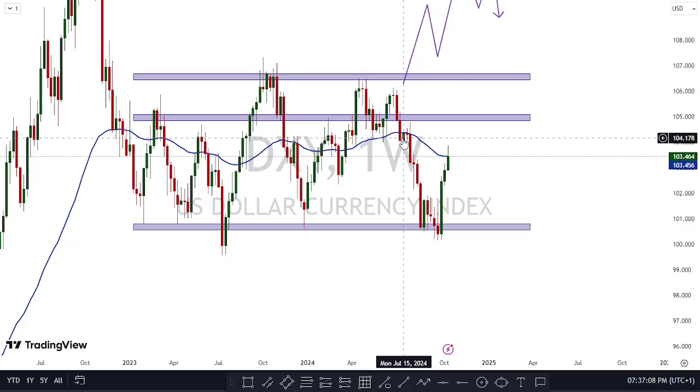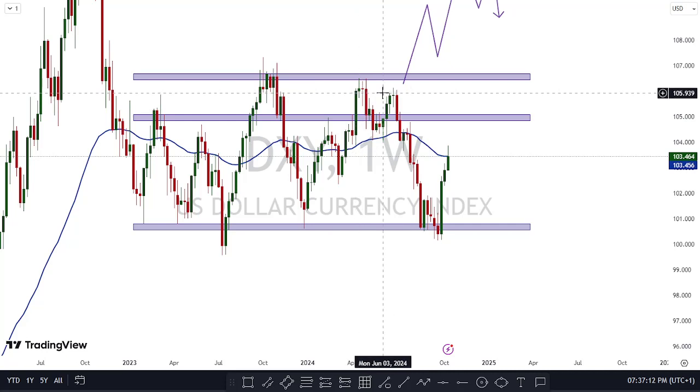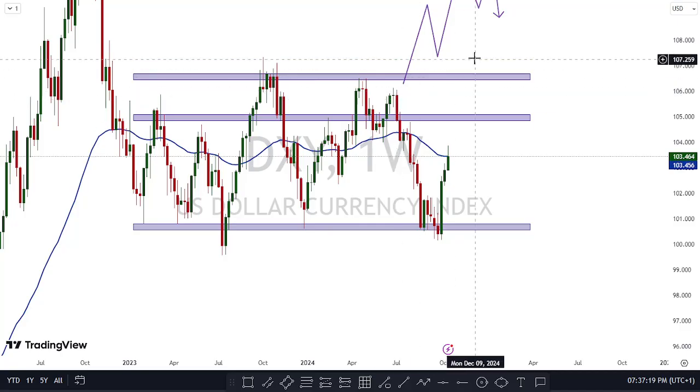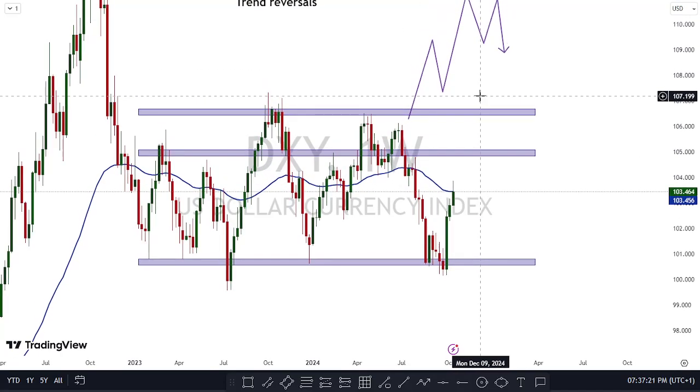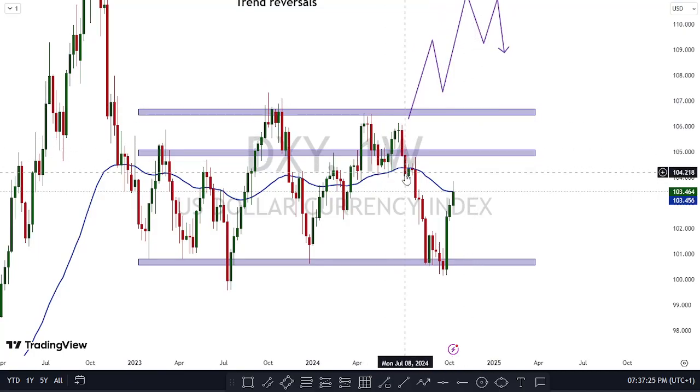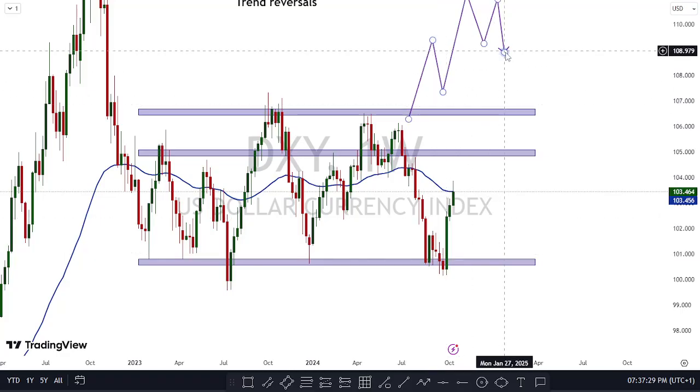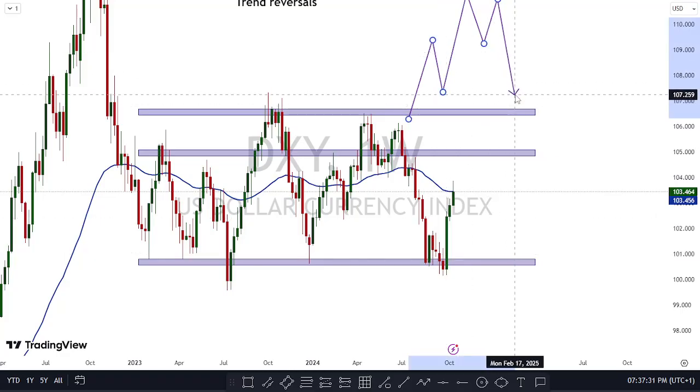We get a very nice double top. This can be seen as a potential trend reversal. And as you can see, as it just did that, the market pushed right back down.